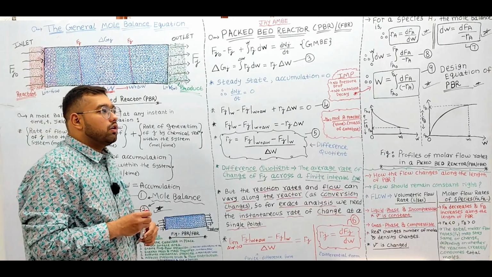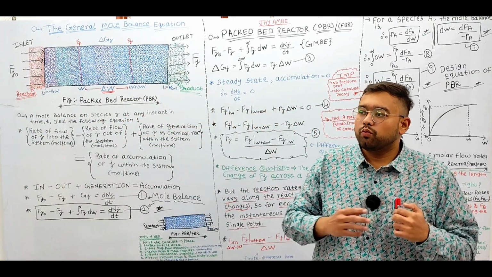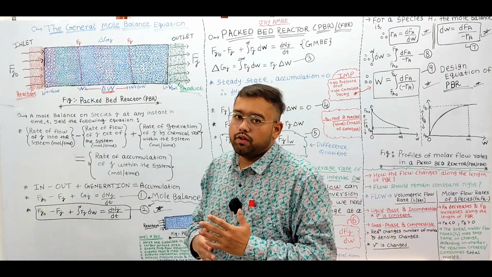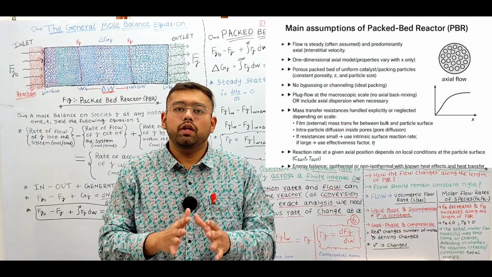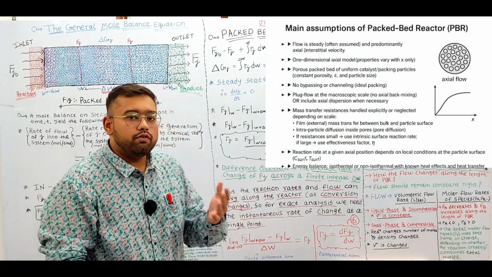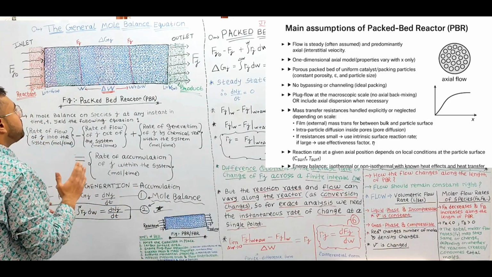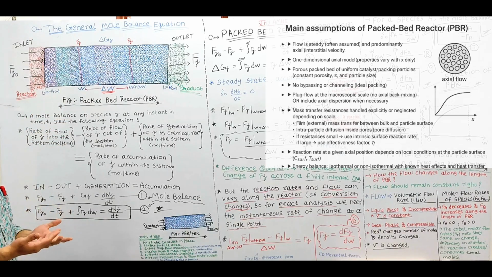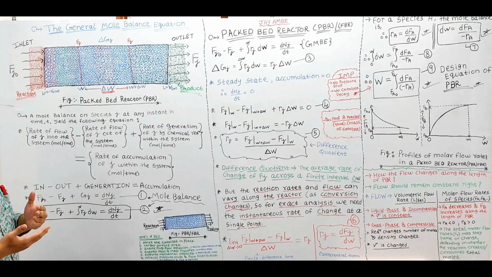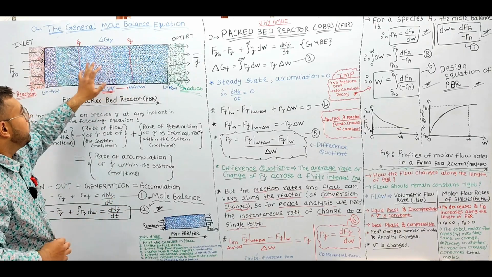Now we also need to understand the assumptions of the packed bed reactor. We have similar assumptions to those of the plug flow reactor. All the assumptions of the plug flow reactor will be applicable to the packed bed reactor. So we'll recall the assumptions. As the first assumption, we should have the steady state condition, which means there will be no accumulation of any chemical species inside the reaction volume.